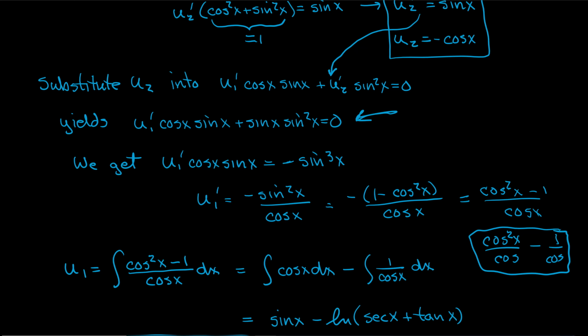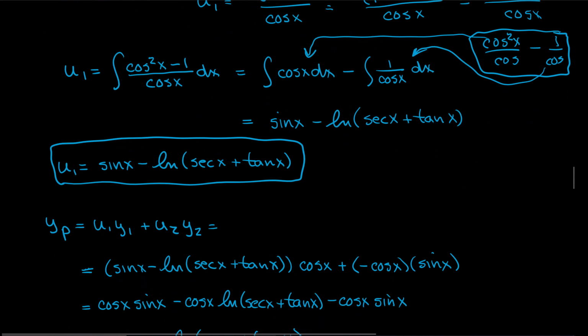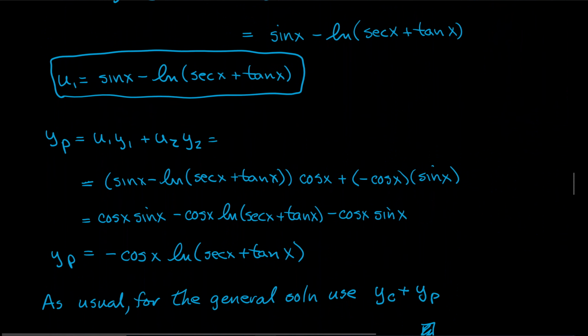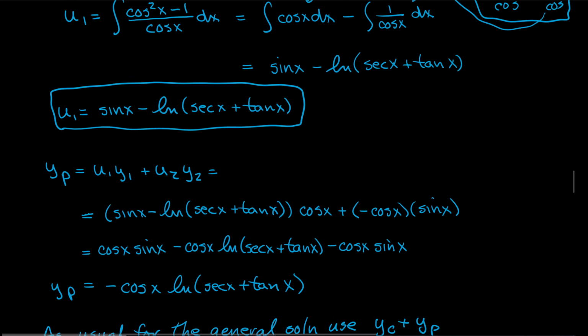This first term will simplify to just give me cosine. The second term is just going to be the 1 over cosine. And because I want u1, not u1 prime, I need to integrate each of these. Integrating the cosine gives me sine.